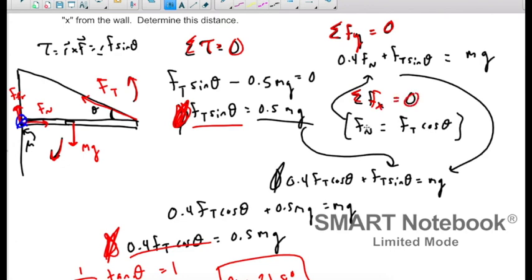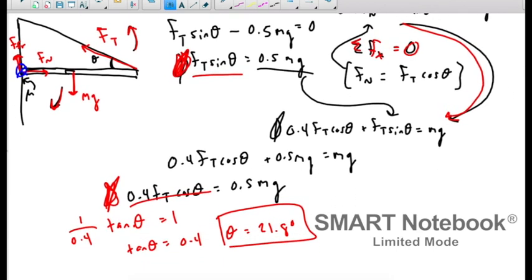And I saw that in the x direction I only had two forces, the normal force and the x component of tension, so they had to be equal to each other. That allowed me to take the normal force out of my equation, rewrite this y expression as this, and then just try to go from there. I recognized that I could get rid of F_T sine theta because earlier I had solved it was this.